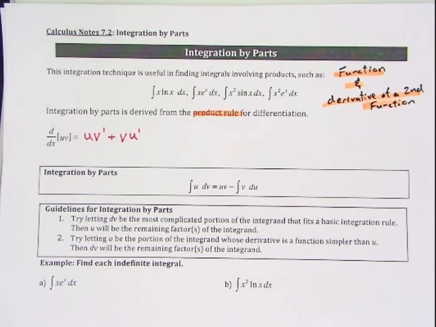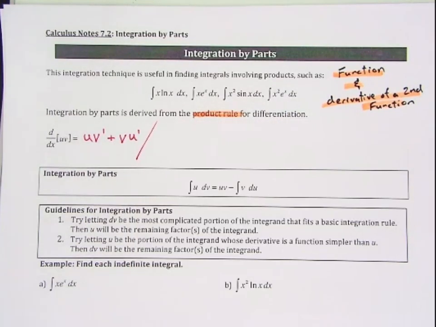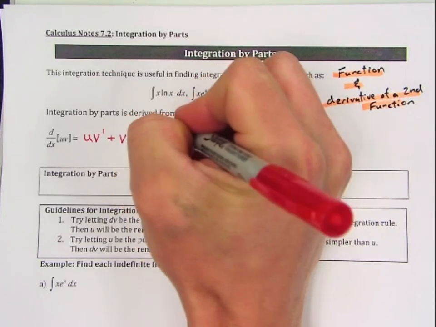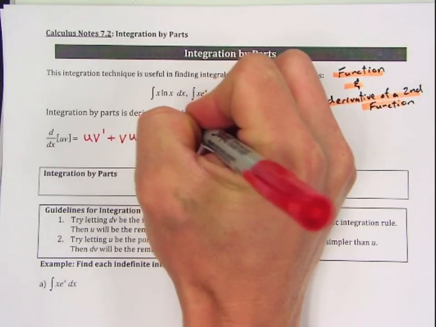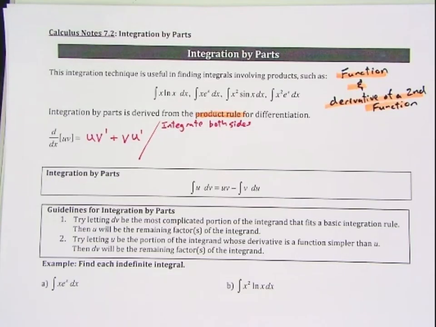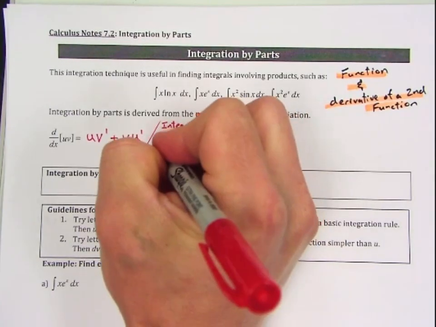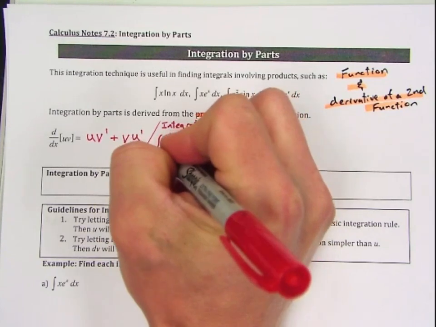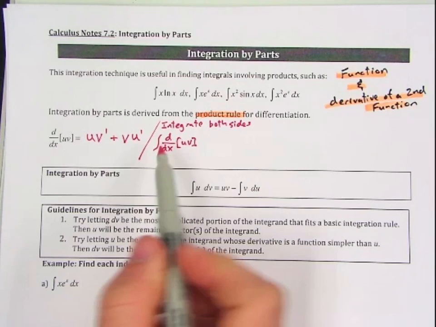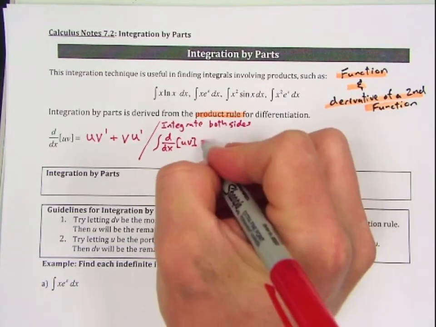Now what we're going to do here is actually integrate both sides. Okay? So we're going to integrate both sides. Wait, so we're deriving it and integrating it? Yep. Is that the same thing as doing nothing? Kind of. So let's integrate both sides. Alright, so that's just the left side, which is just uv.